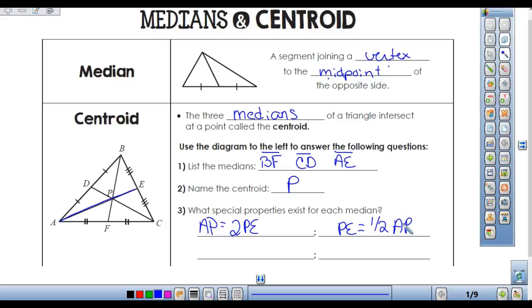I can also tell you that AP, the longer of the two parts, is going to be 2/3 of the whole thing, AE. PE, the shorter of the two parts, is going to be 1/3 of the whole thing.